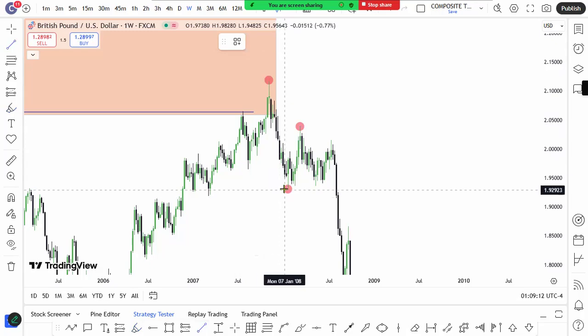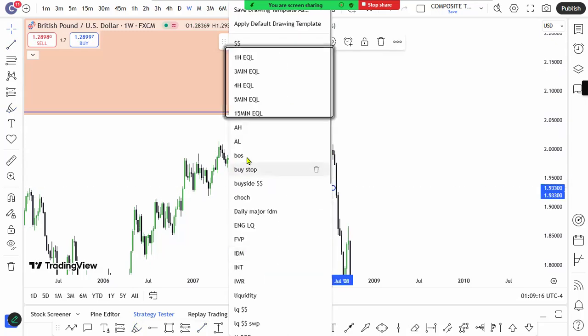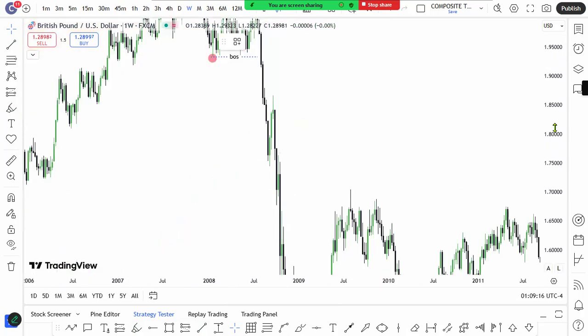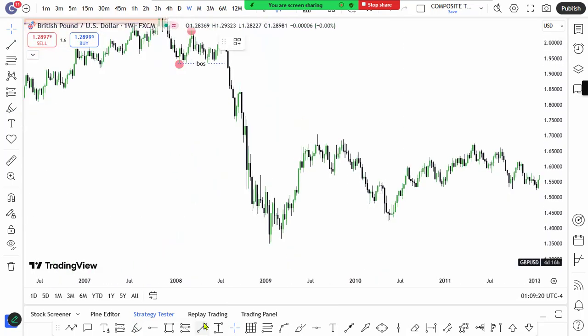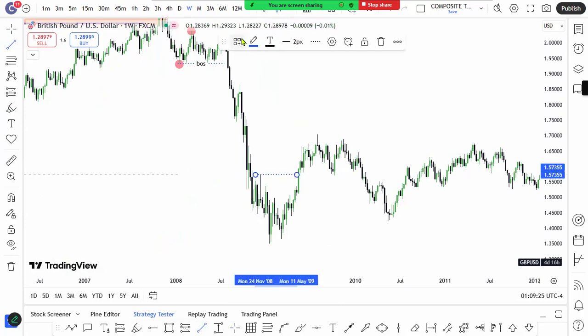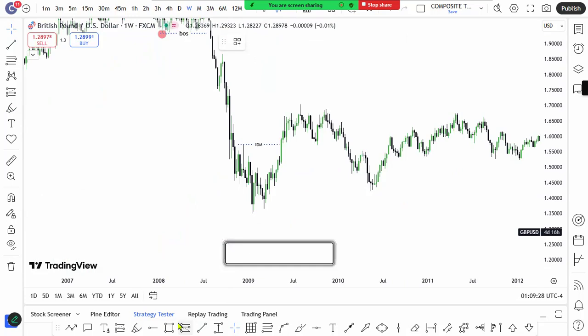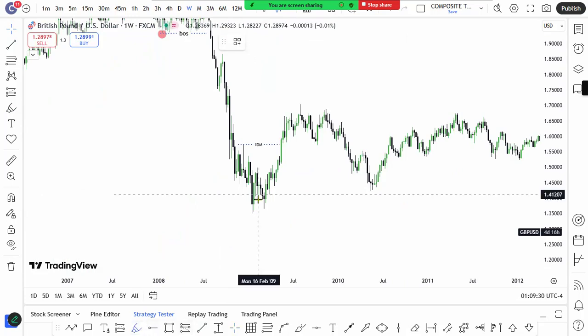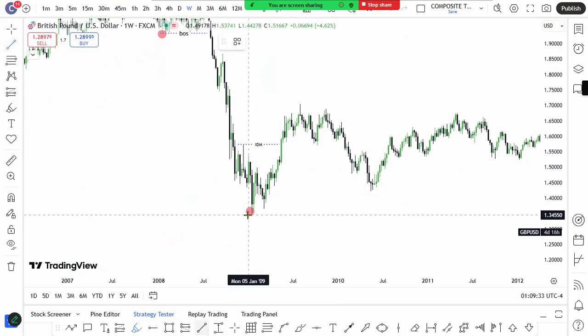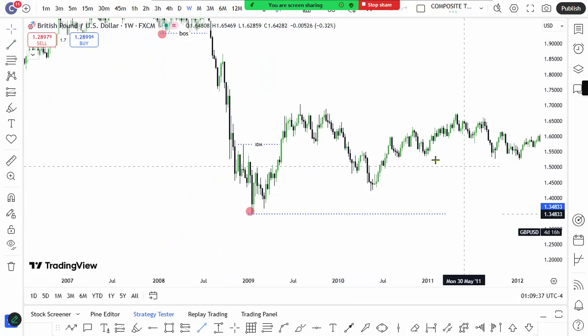The weekly structure is still bearish. Looking at this here, the internal inducement. This is the lower low. If we break this low, we get price continuation to the downside.